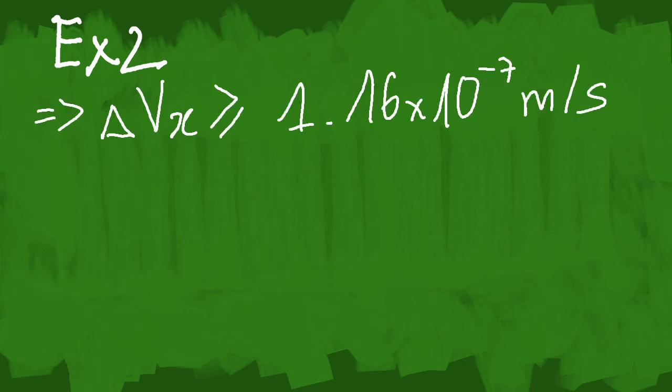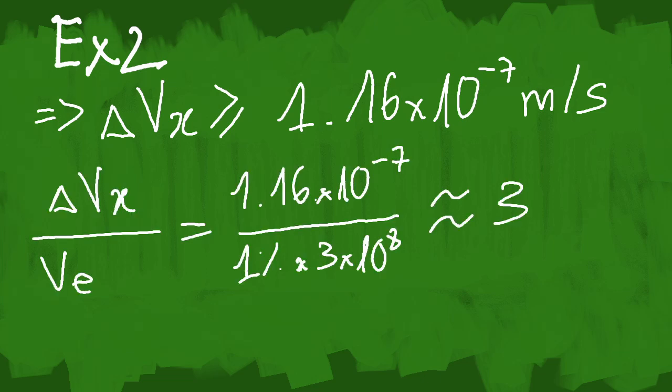Solve this and we get delta vx is larger or equal to 1.16 times 10 to the power of 7 meters per second. Comparing this to the supposed electron's velocity, we see that this is at least 3 times higher. This proves that you do not know how much the electron will accelerate or decelerate.